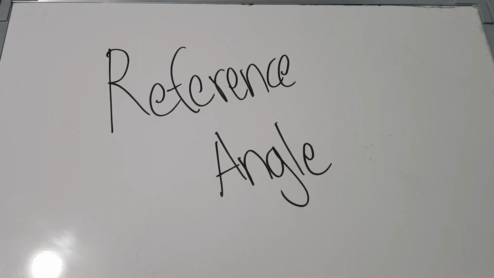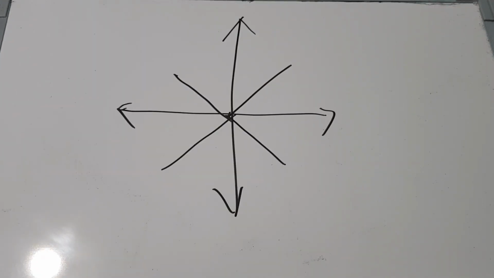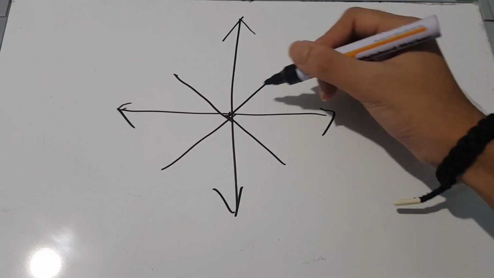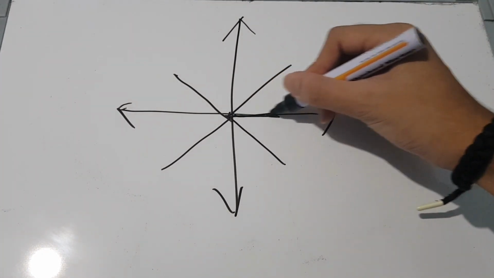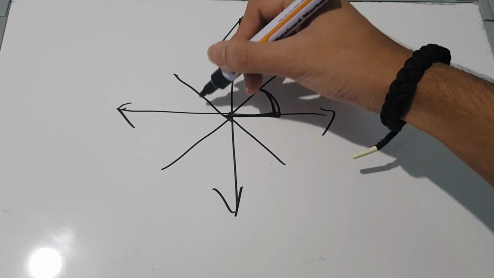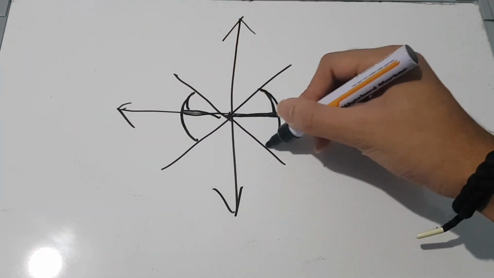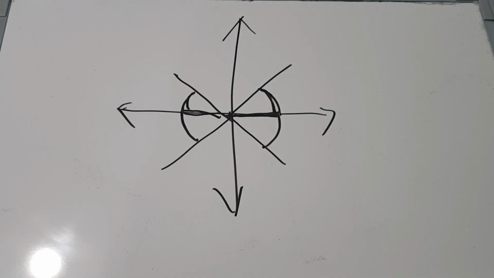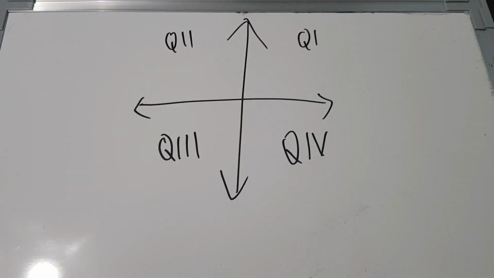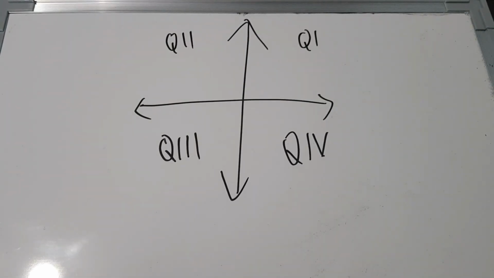Reference angle. The reference angle is the measure of the acute angle which the terminal side makes with the x-axis. Basically, it is the angle formed from the x-axis up to the terminal side. To compute the measure of the reference angle in every quadrant, we follow this.